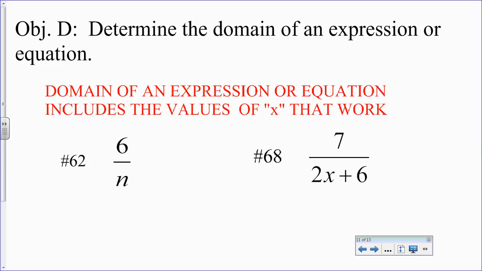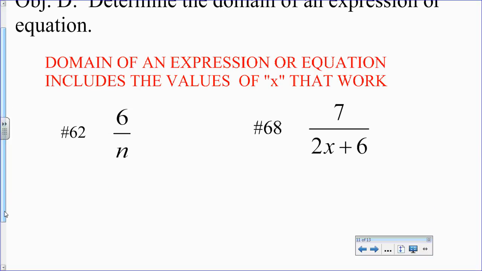When you have a rational function, and I know it's a rational function because I have a variable in the denominator, then I have issues. So this is kind of like those disclaimers. Your disclaimers are part of the domain.